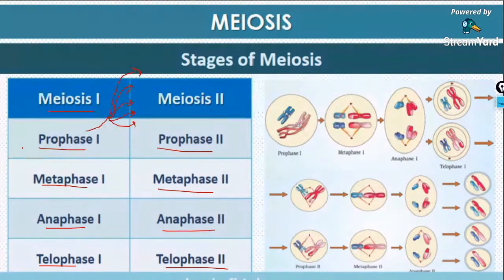These are the five stages of prophase 1 of meiosis 1.